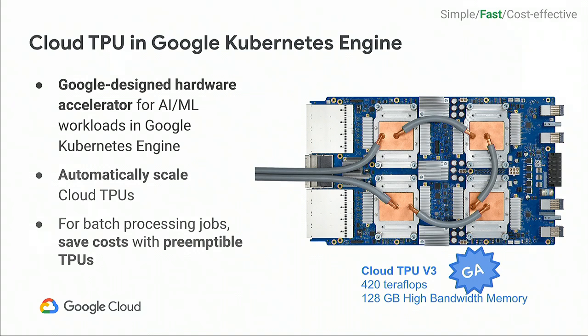And I'm super pleased to announce that our third generation Cloud TPUs, version 3, are now generally available on Google Kubernetes Engine starting today. So you can access those very powerful Cloud TPUs just like you would access CPUs and GPUs on GKE. You don't have to manage them on your own. Google Kubernetes Engine actually manages them for you.